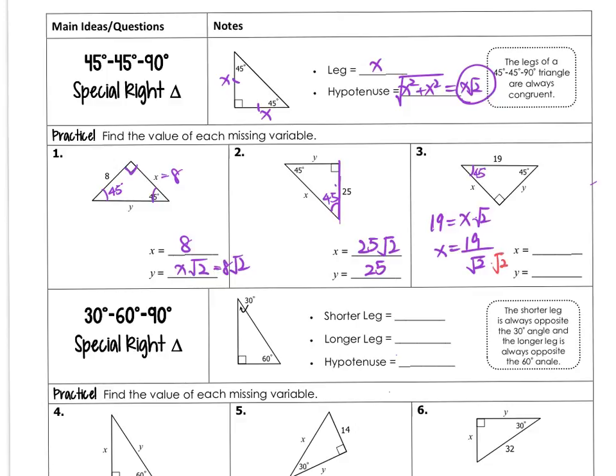So I just need to multiply by root 2 over root 2 so that the 2 comes out in the denominator, and on top is 19 root 2. That's my answer there. So both of them are 19 root 2 over 2. Okay?